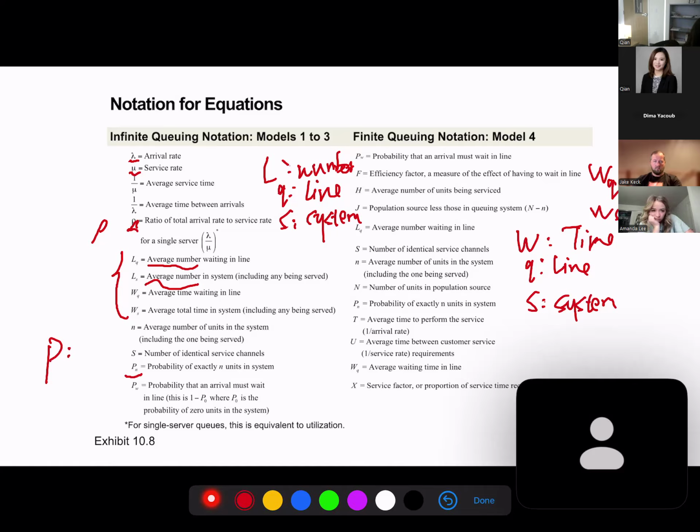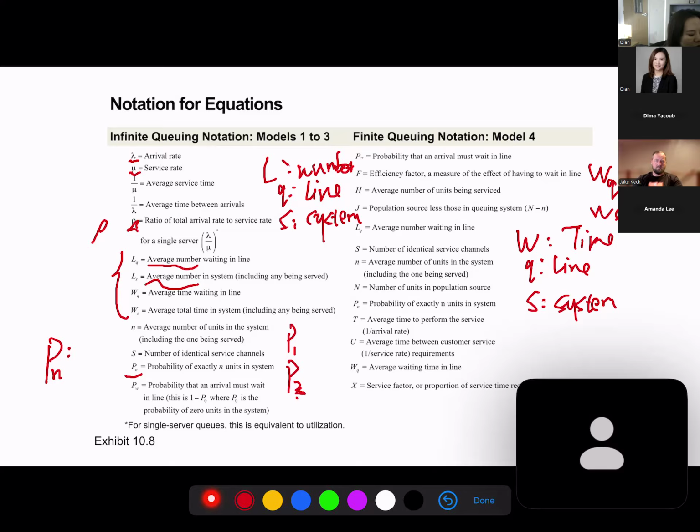If this is Pn, it means exactly n units in the system, the probability of it. If it's P1, it means the probability of 1 unit in the system, while P2 will be the probability of 2 units in the system. So it depends on how many units are in the system.